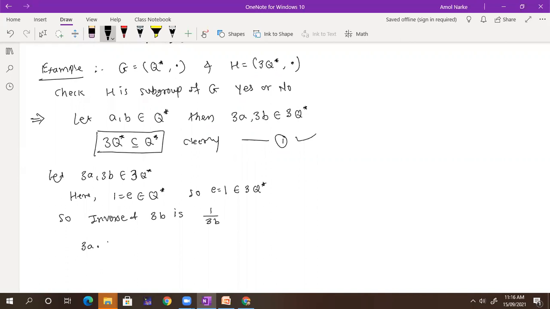The 3 gets cancelled, and what you are remaining with is a divided by b. Whether a divided by b belongs to 3q star, that is my question.